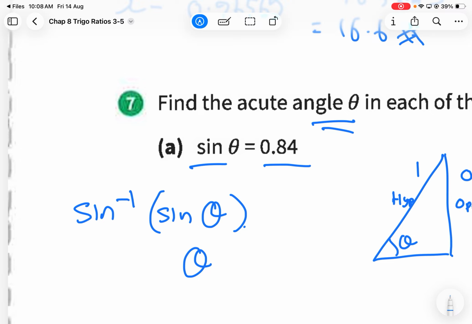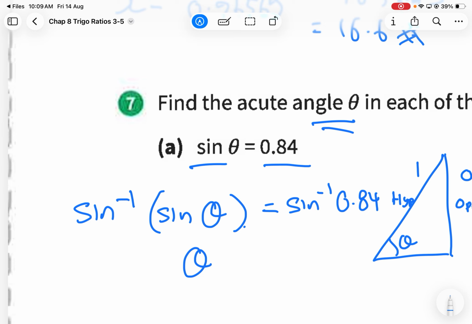In an equation, whatever I want to do, I must do the same thing on both sides. That's why on the right it becomes sine inverse of 0.84. So I need to sine inverse so that my sine inverse cancels the sine.